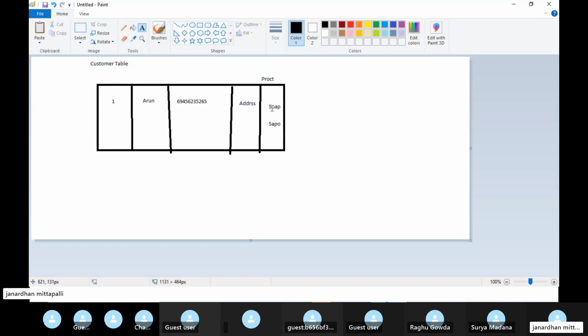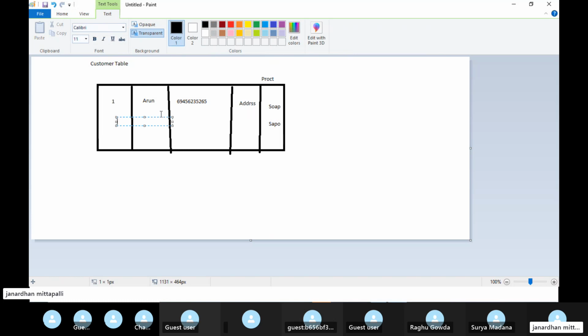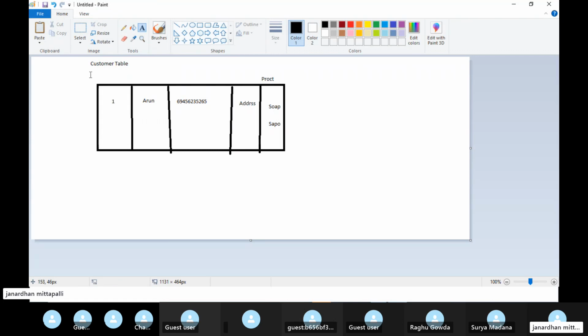For soap, Arun is repeated one time. For shampoo, he has to be repeated one more time. So if you purchased 100 products, 100 records will be created for a single customer. So we can call this the denormalized technique.